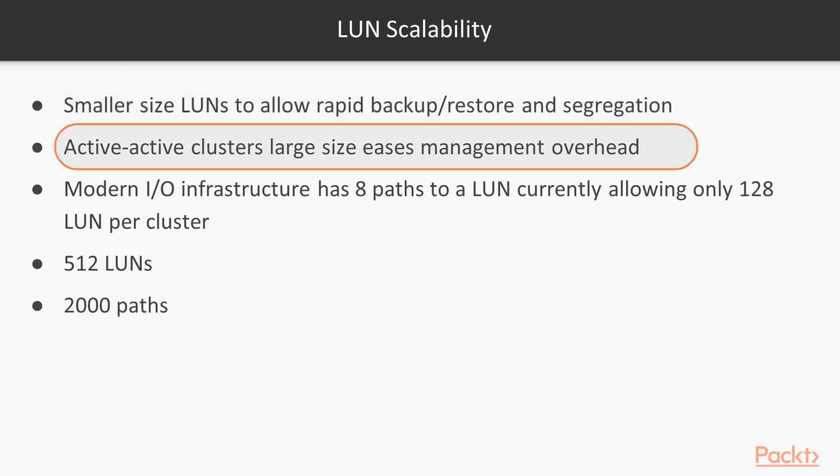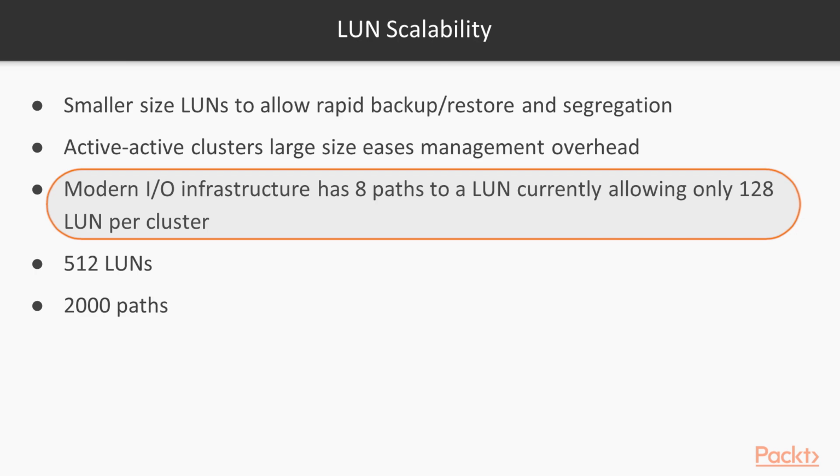Also, when you look at active-active clusters, having large active-active clusters eases management overhead because you have fewer clusters to manage. The more clusters you have, the more issues there are. Modern I/O infrastructures have 8 paths to a LUN, and in that case you are only allowed 128 LUNs per cluster. With VMware 6.5, the number of LUNs has now been enhanced.